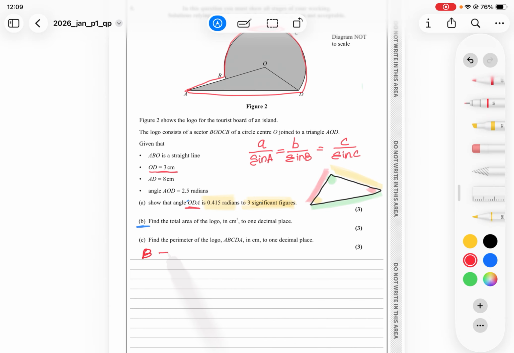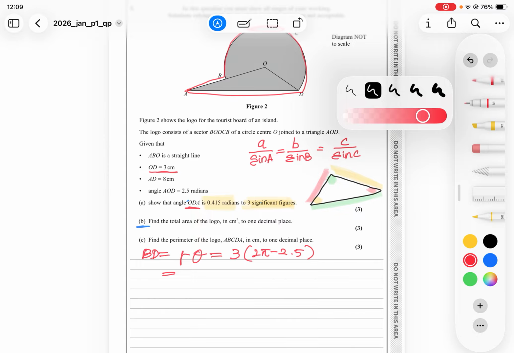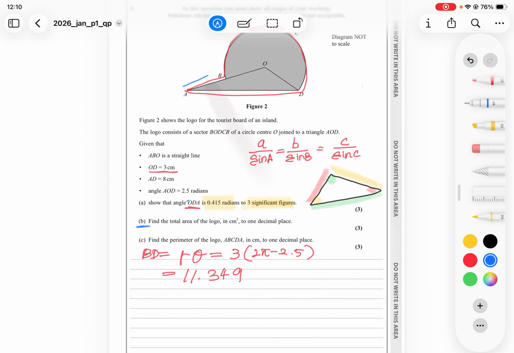BD is going to be, since we know the angle, we can get it by r theta, which is 3 times 2 pi minus 2.5. The BD is going to be 11.349. Once we have it, we can do this AB.